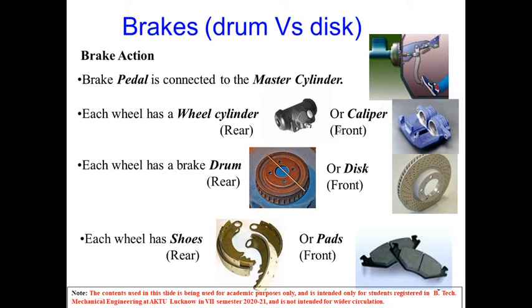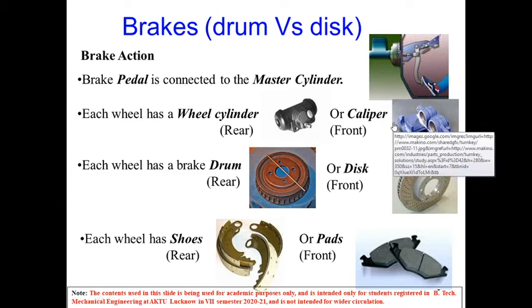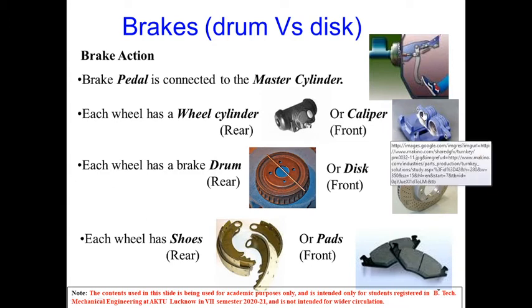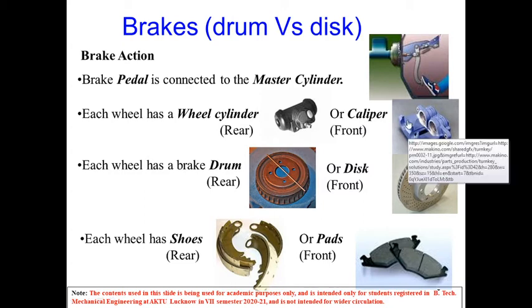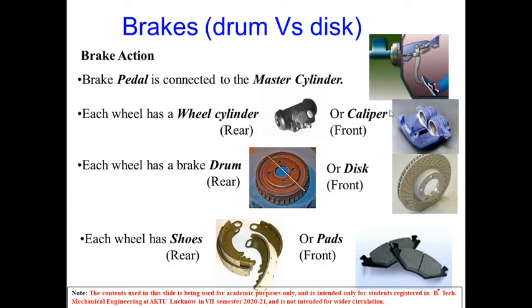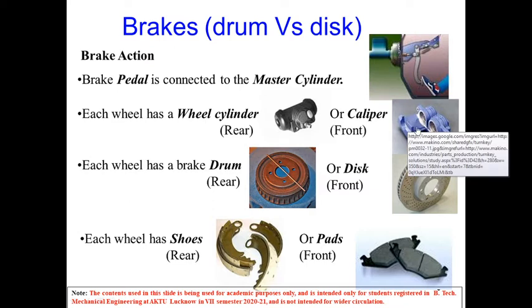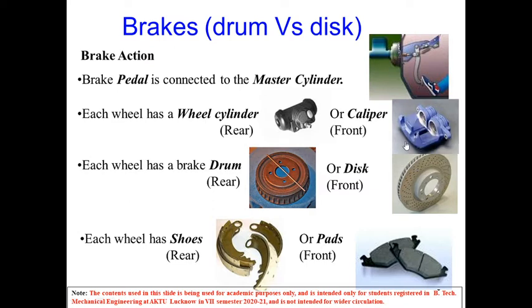But if the vehicle is fitted with a caliper or disc brake, it may be that the front wheels have disc brakes, because we have discussed that the braking efficiency in the front wheel is more compared to the rear wheels because of the weight transfer phenomenon while applying the brake. So this caliper fitted with the disc brake may be used in the front side of the car.